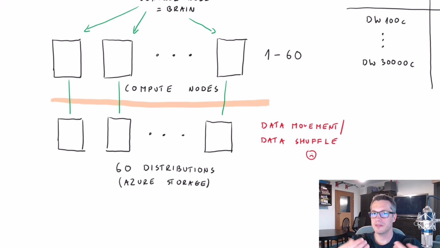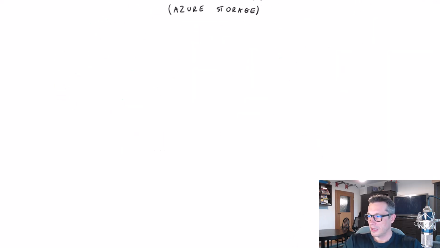And yes, as developers, we can define rules that will be used to distribute the data between those distributions. And actually, we have 3 methods we could use to distribute the data. And let me quickly go through them.